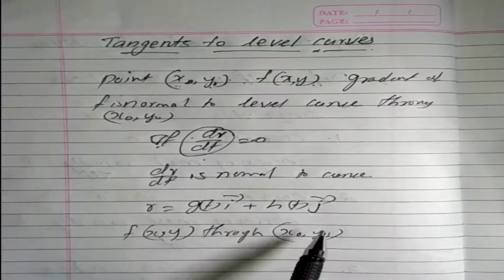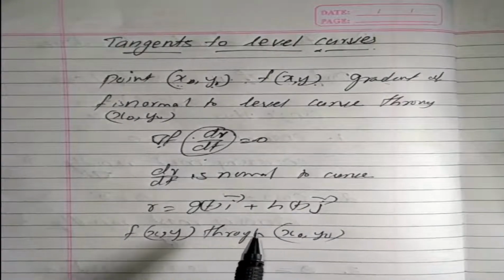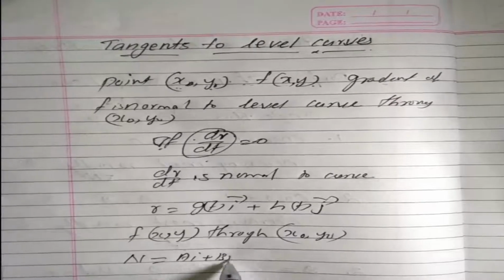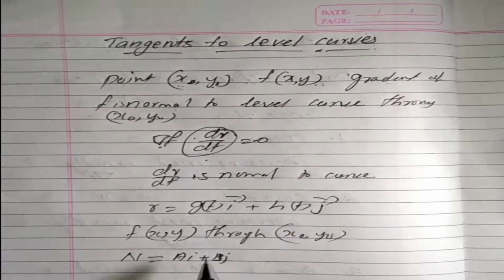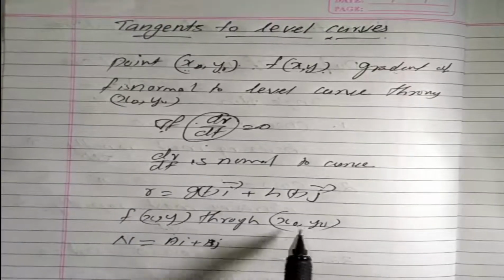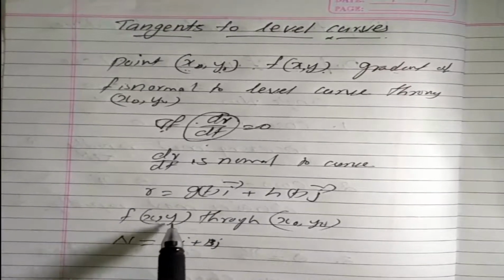Taking the normal vector equal to ai plus bj, the starting point is x naught y naught and the general point is x comma y.